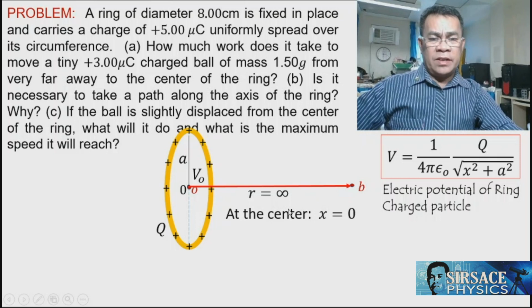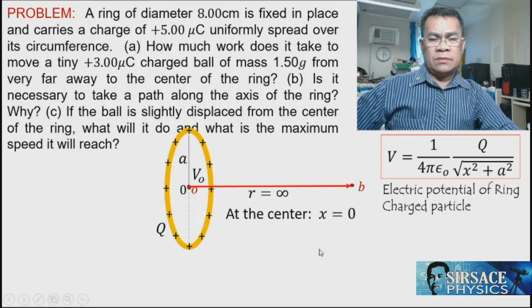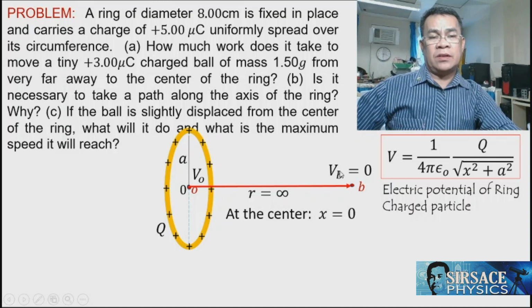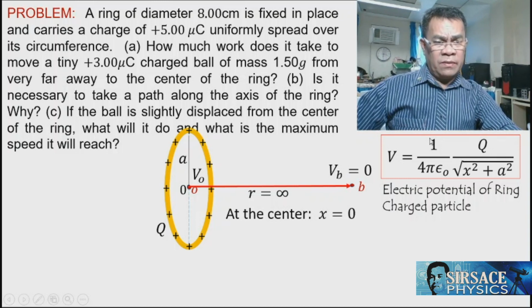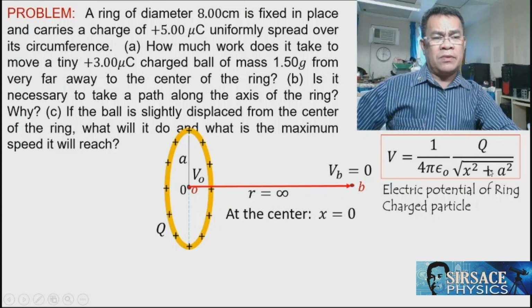Look at the formula: if we substitute an infinite distance for R, the denominator becomes a very large number, so the potential becomes 0.